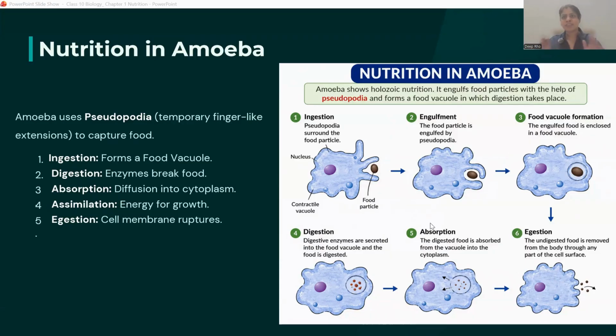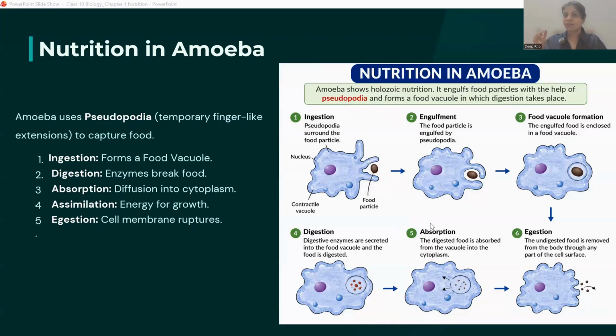So here you have seen the single cell perform the entire activity. The organism in which food is processed step by step, starting from ingestion, then digestion by digestive enzymes, then absorption, then egestion, the removal of undigested food, has what is called holozoic nutrition.